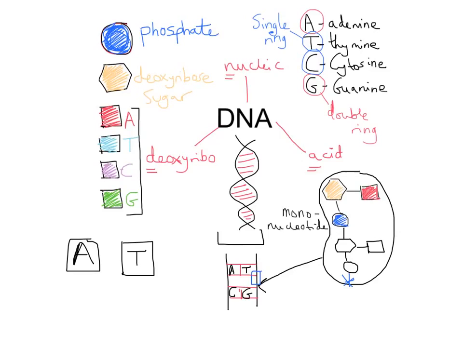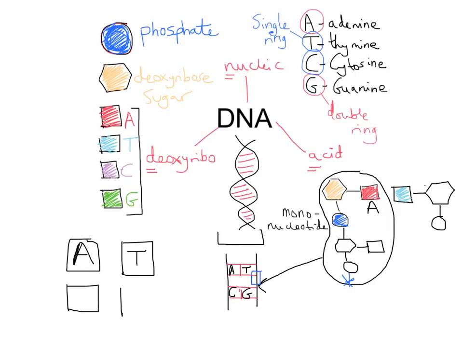So on the diagram I've circled over here, this red was an A. That would base pair to a thymine, and that would have been attached to, clearly, another sugar and a phosphate. So A and T go together, C and G go together.